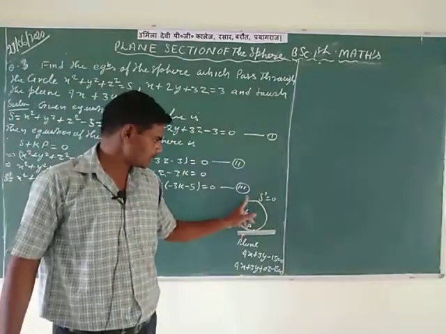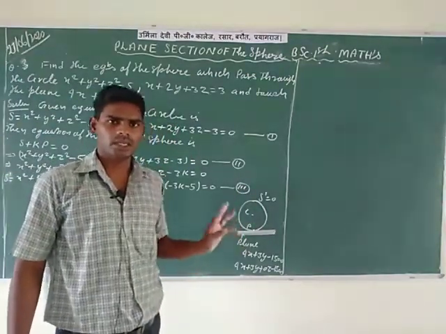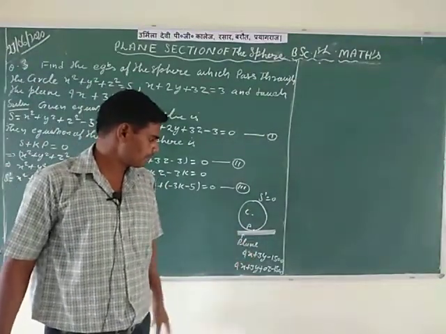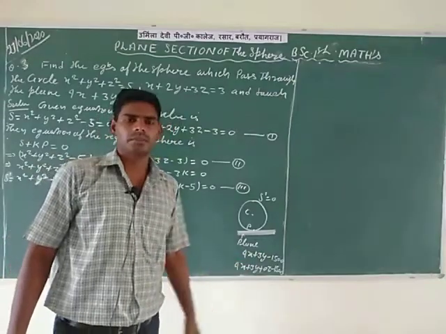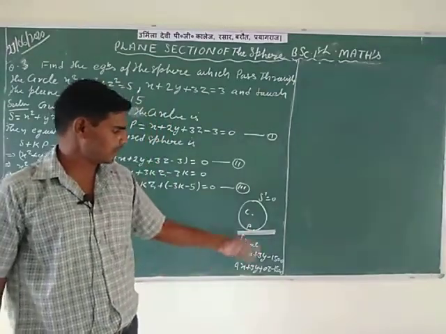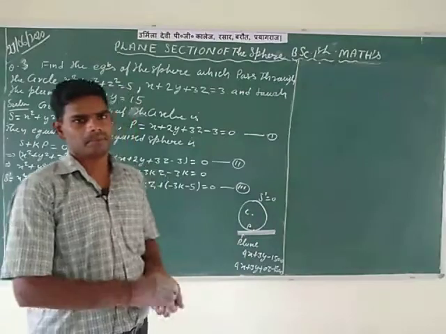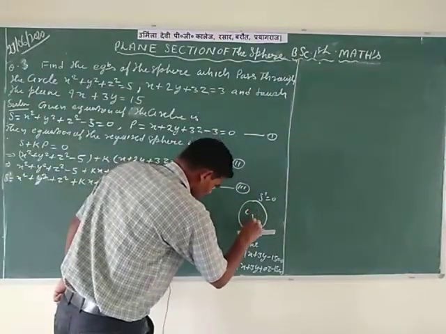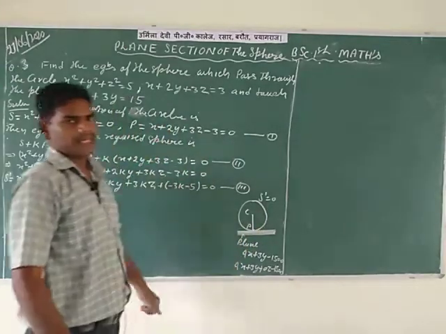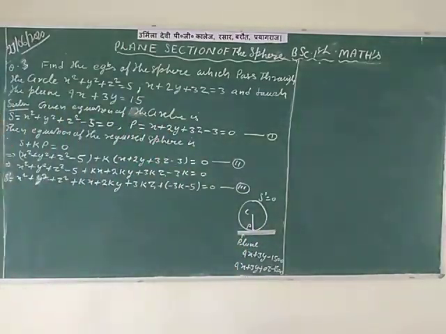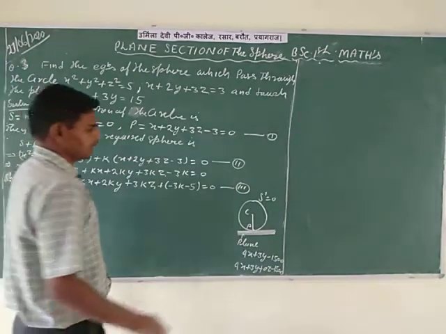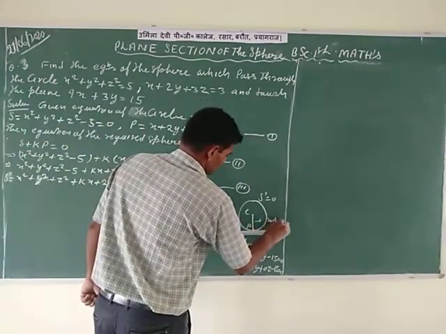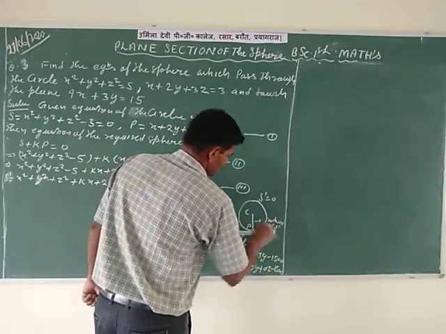According to the question, sphere S dash, meaning the third sphere, the required sphere, touches the given plane 4x plus 3y minus 15 is equal to 0. Suppose the touching point is capital P. Then by theory, if we draw a perpendicular line from the center to the touching point capital P, then the distance CP is the radius of the sphere, the radius of S dash.